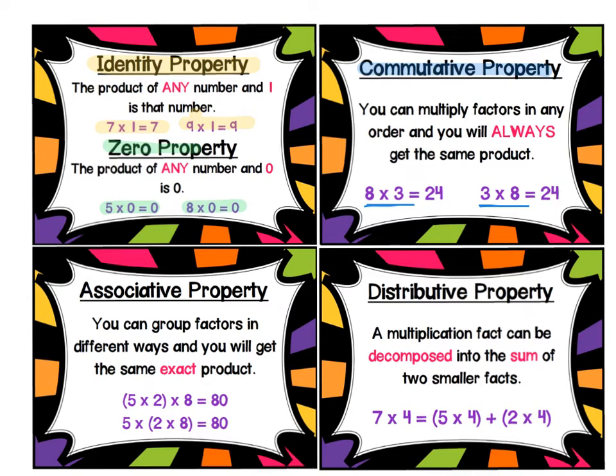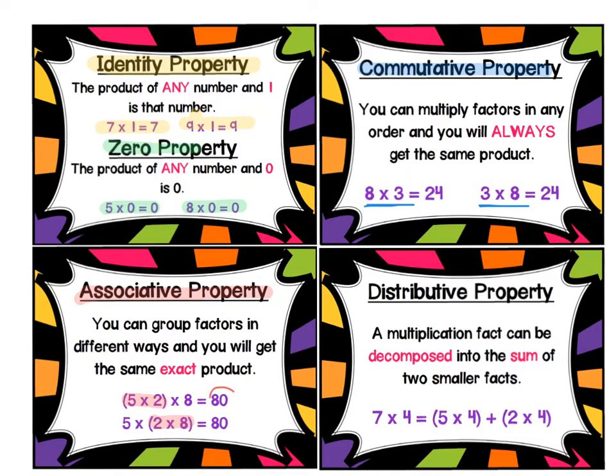The associative property gets into a little bit more complicated because all of a sudden we have 3 factors that we're dealing with. We have 5, 2, and 8. What this property is saying is no matter how I group my factors, if I first do 5 times 2 and then multiply by 8, or if I do 2 times 8 and then multiply by 5, it doesn't matter.